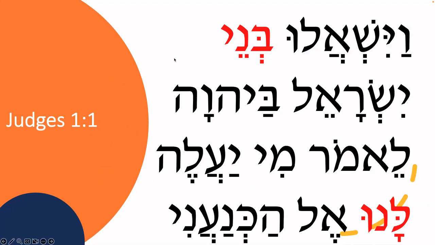All right. Carol, would you go ahead and read this verse and then we're going to make some sense out of this. Va-yish-alu b'nei Yisrael. So this should be a sight word by now. Yisrael, Israel. This is the divine name, by the way.